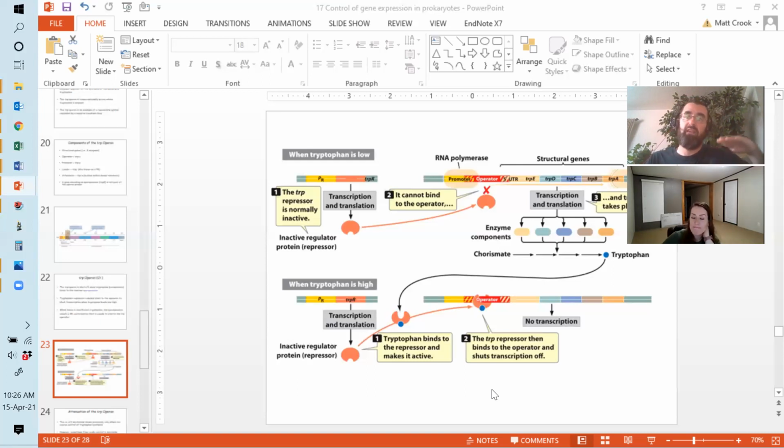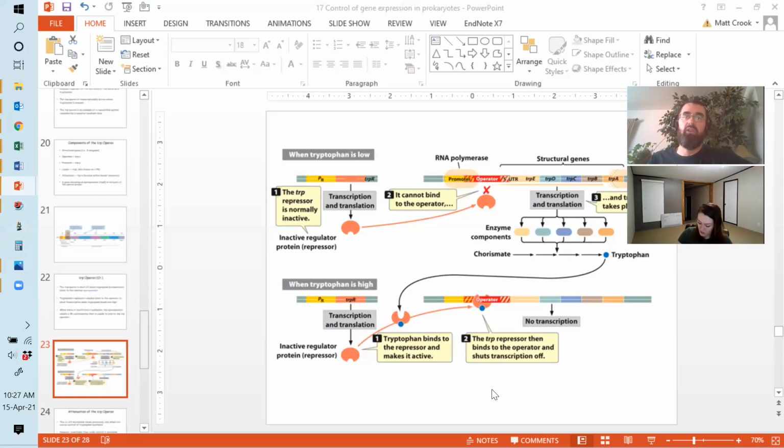And as tryptophan levels increase, that rate of successful transcription decreases. So with no tryptophan, there's transcription all the time, every time. Then the tryptophan level starts going up, and every so often RNA polymerase doesn't work, turns off completely because TrpR is now bound to the operator.